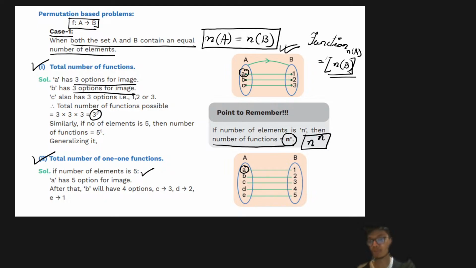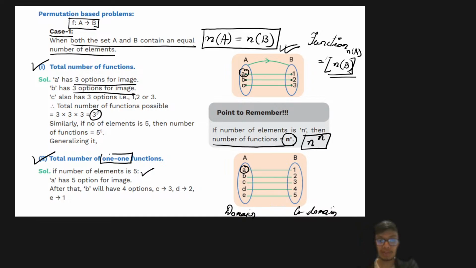But once A has chosen an image in the codomain, the other element of A will have n minus 1 choices in the codomain, because it has to be a 1-1 function.